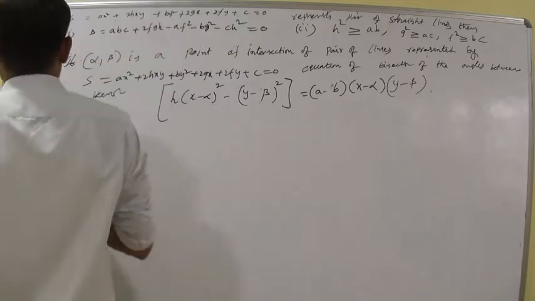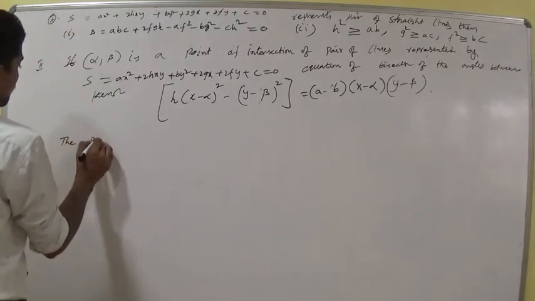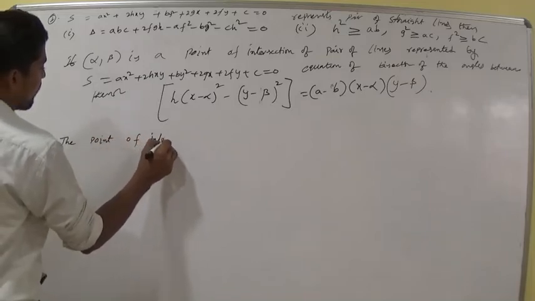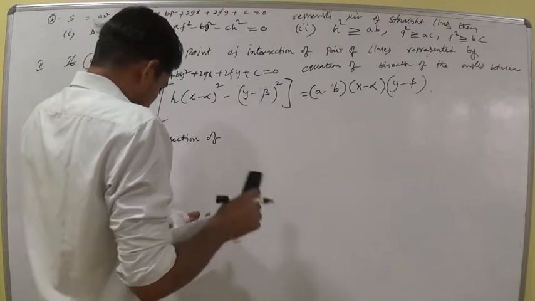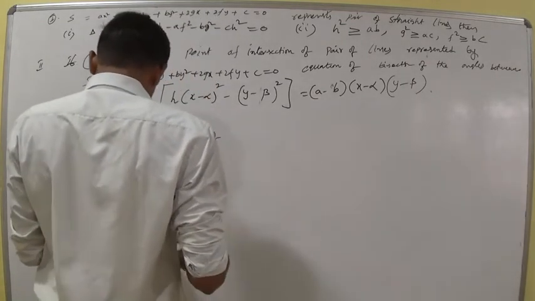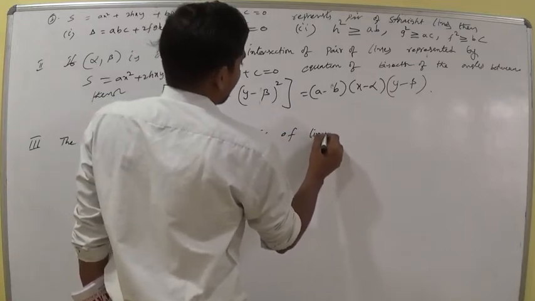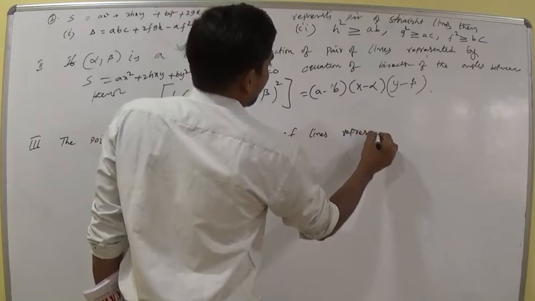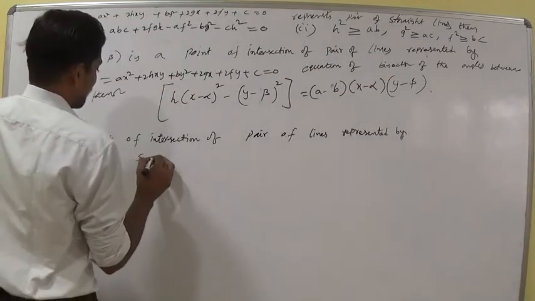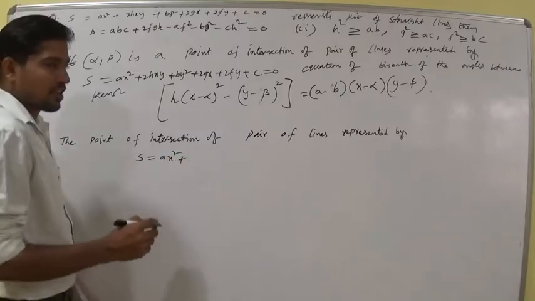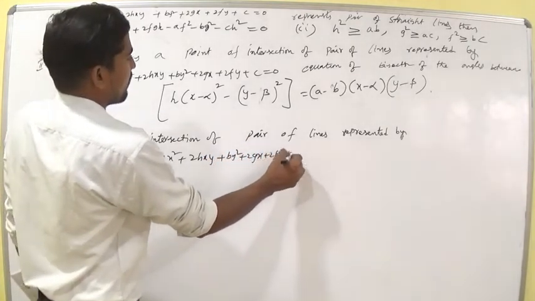Third one, the point of intersection of a pair of lines represented by S equal to ax square plus 2hxy plus by square plus 2gx plus 2fy plus c equal to 0.